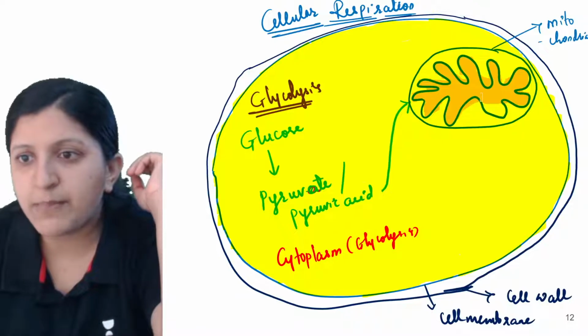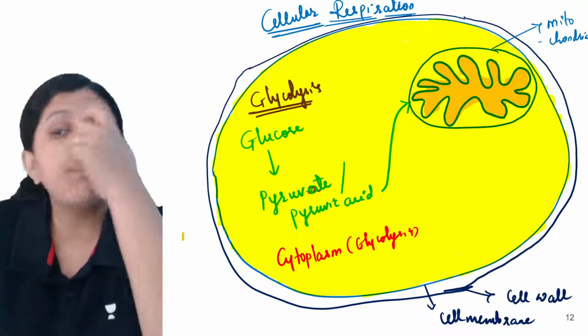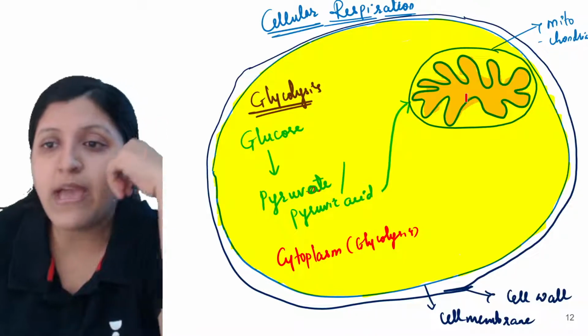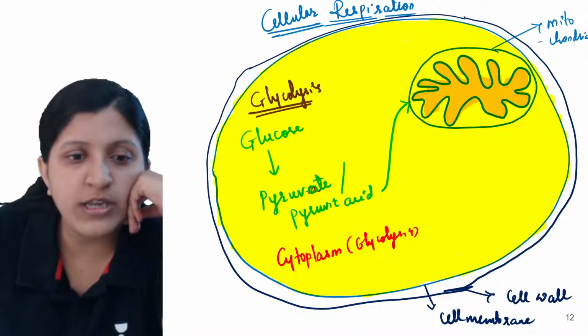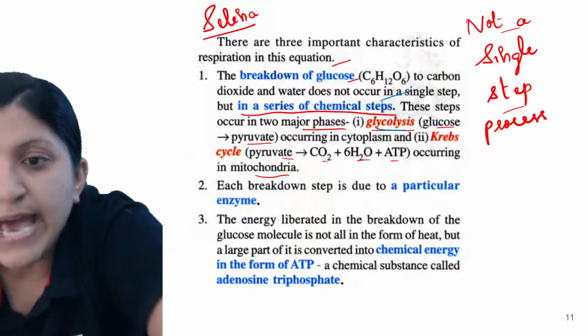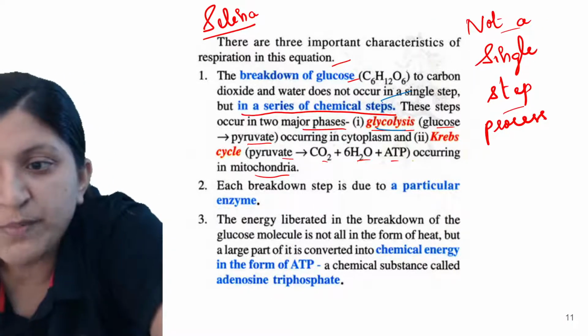What exactly happens? Now you know this pyruvic acid which is generated is converted. In the Krebs cycle, the pyruvate is forming ATP.